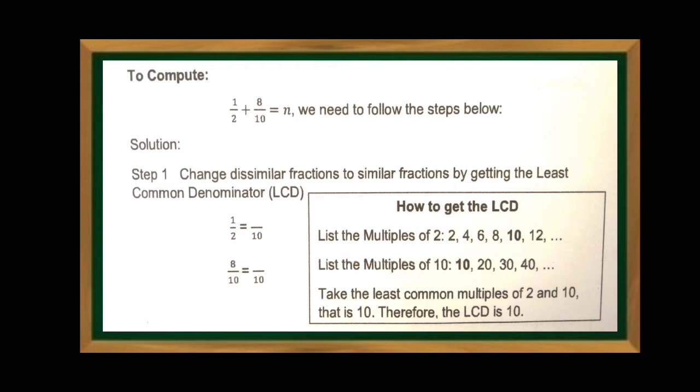Okay, so step 1, change dissimilar fractions to similar fractions by getting the least common denominator. So 1/2 plus 8/10, since they don't have similar denominators, you are going to get the least common denominator.